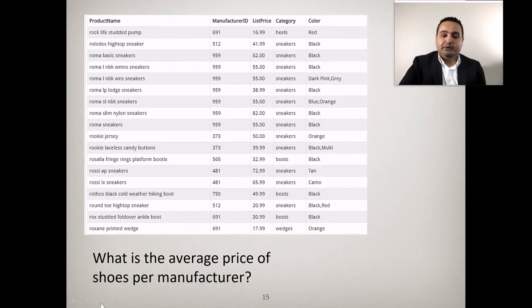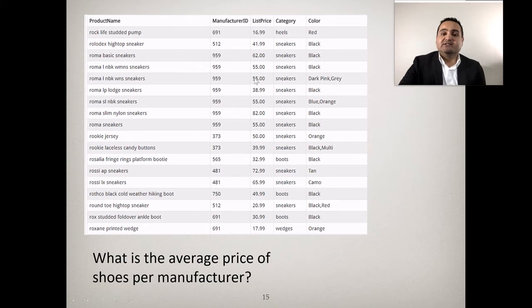When we say what is the average price of shoes per manufacturer, we want to put the manufacturer ID in one column, and then for every manufacturer ID we want to see the average list price in front of it, so the average rather than the actual list price for each product.